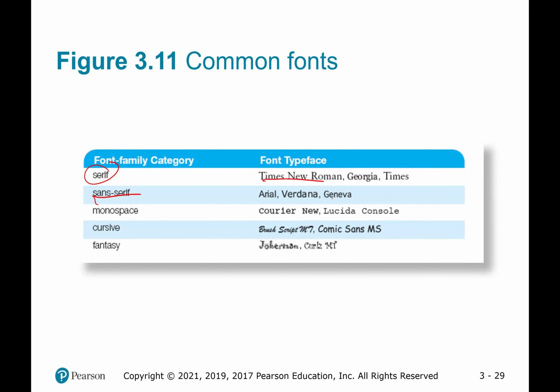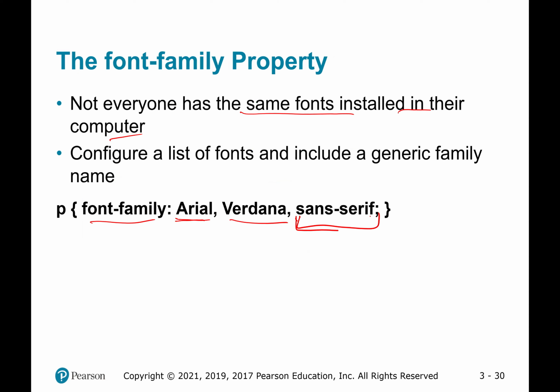So it will try to find the next fonts that are in the same family. So say the computer doesn't have Arial or Verdana font, but it has other fonts from the sans serif family. So just mentioning sans serif at the end means that if you don't find Arial, find Verdana. If you don't find any of them, then find a font from the sans serif family.